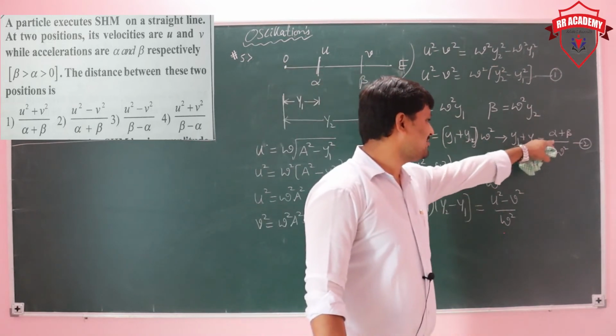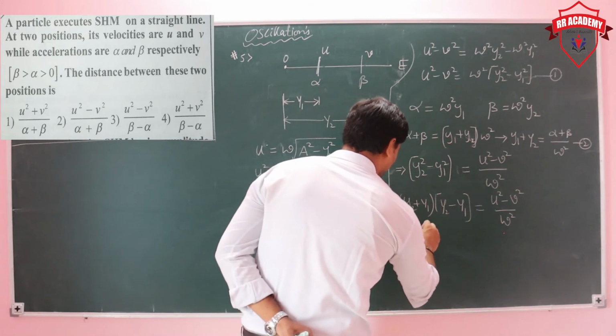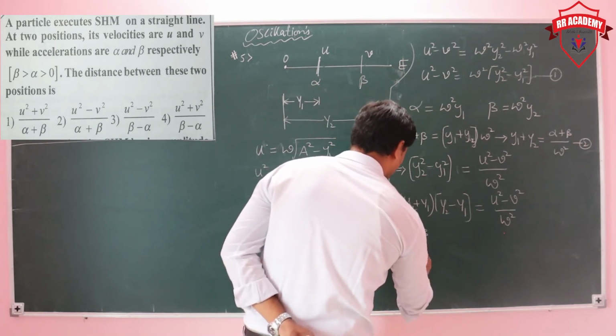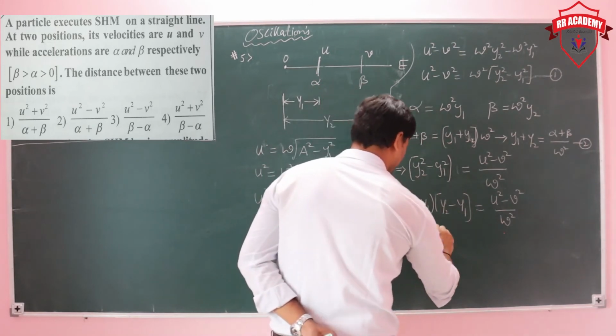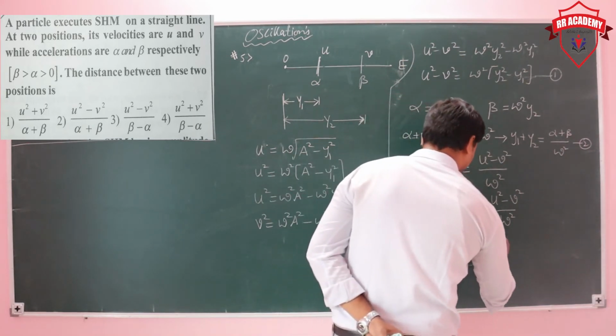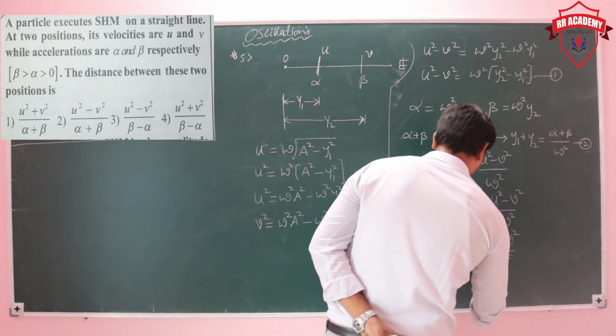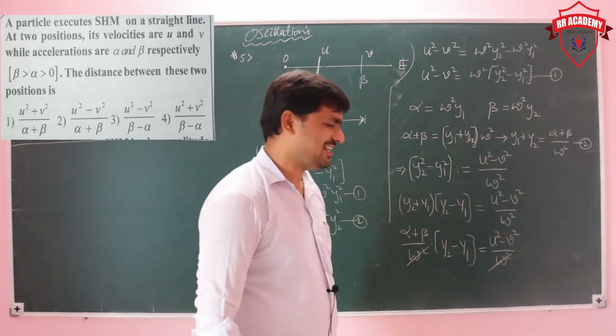Now put the value of y1 plus y2. What is the value of y1 plus y2? Alpha plus beta by omega square into y2 minus y1, which is equal to u square minus v square upon omega square.